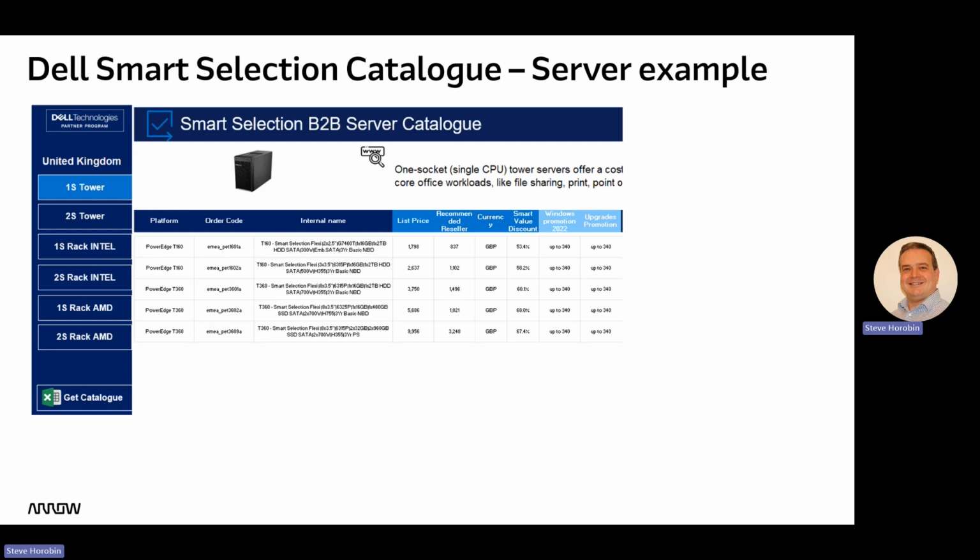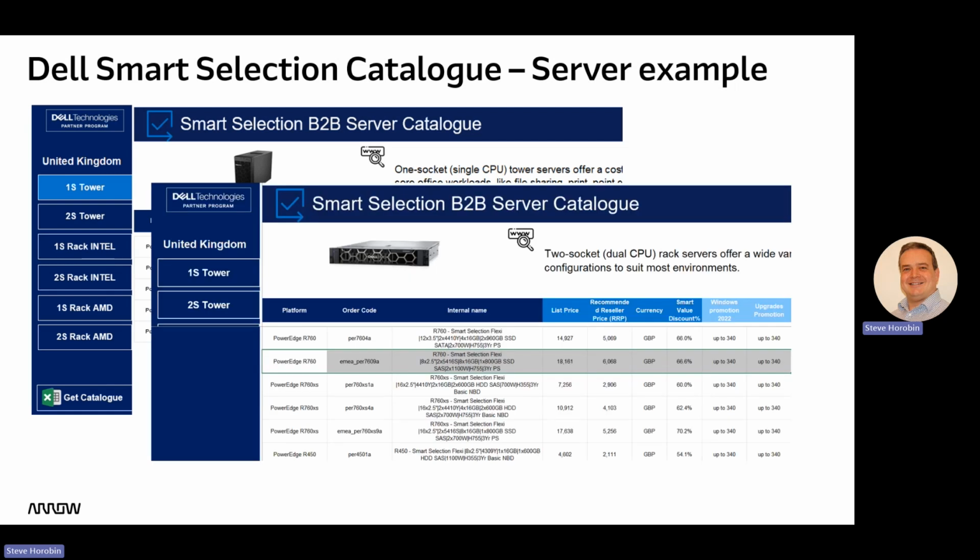So we'll have a look first at the server offerings. Here you can see down the left-hand side of the screen, we have 1 socket and 2 socket tower products, 1 socket and 2 socket rack Intel-based servers, and 1 socket and 2 socket rack AMD-based servers. So if we go into the 2 socket products, we can see the options available.